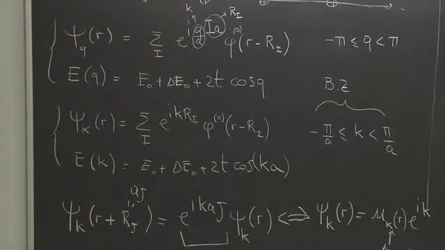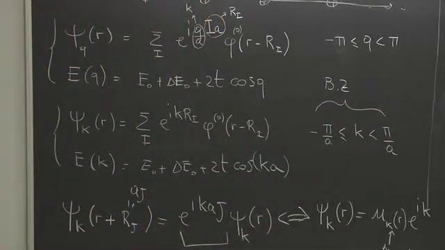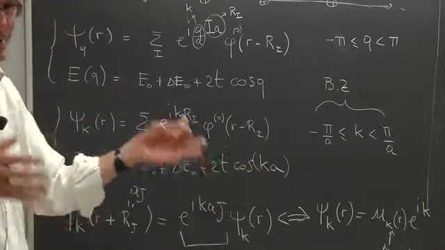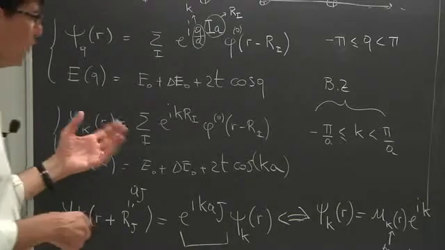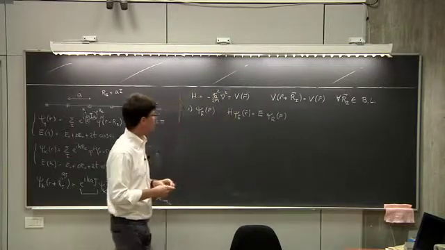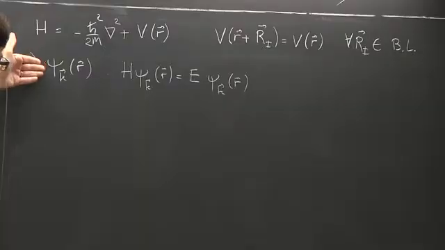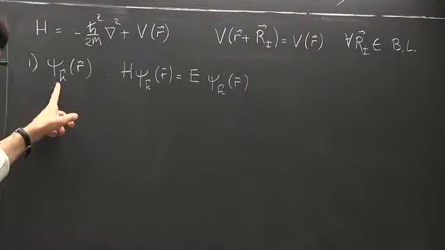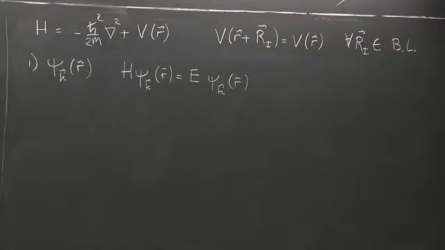Now, keeping in mind that this range is exactly the Brillouin zone in one dimension, and that the periodicity 2 pi over a is exactly the periodicity of the reciprocal lattice in one dimension, there's only one in one dimension, the reciprocal lattice. I'm going to generalize these statements to 3 dimensions, and I will just state them, not prove them. If I have this periodic problem, solutions of this problem with H periodic can be classified according to a quantum number k.